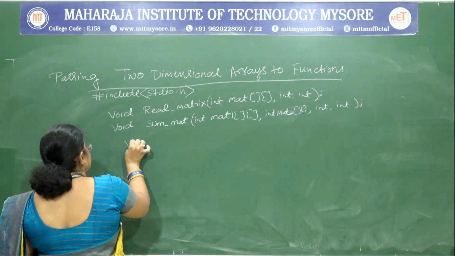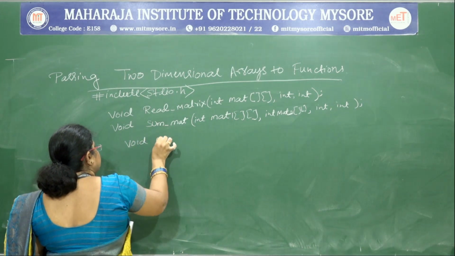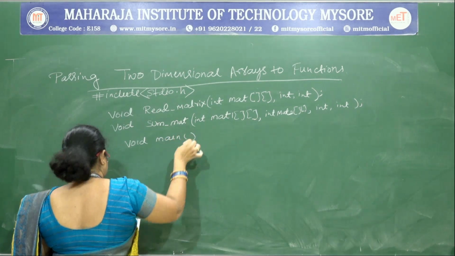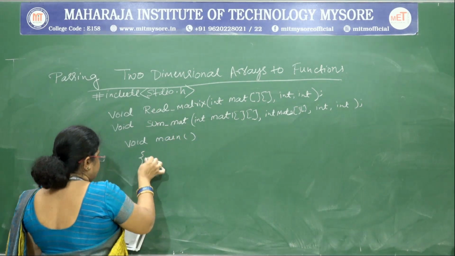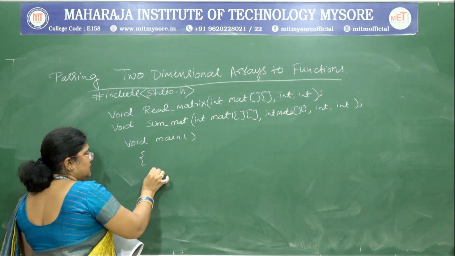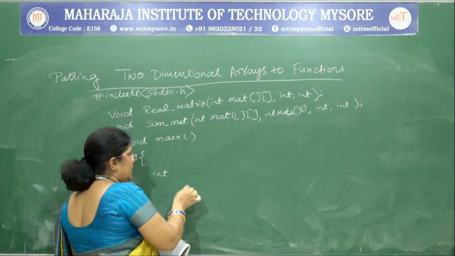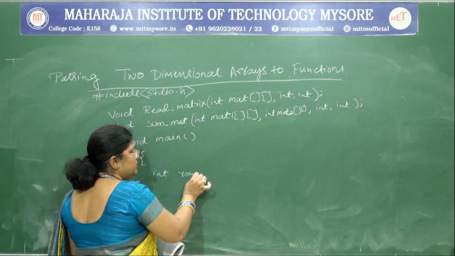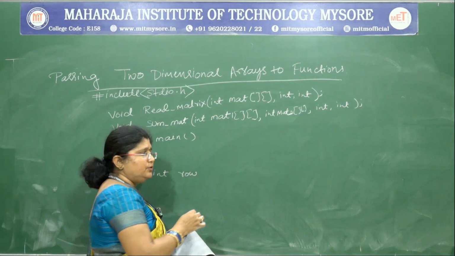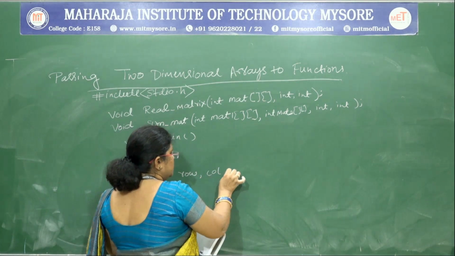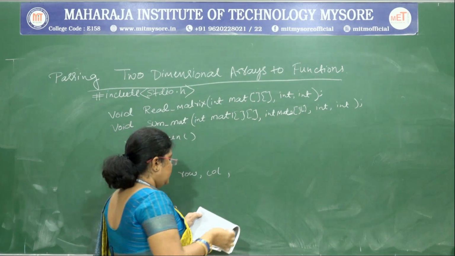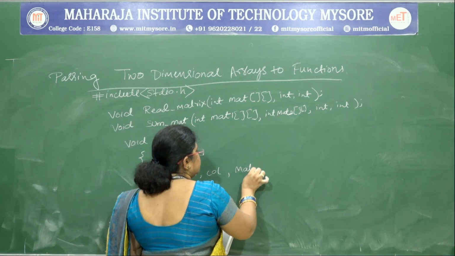We are going to have void main. Now we have int row, which indicates the size of the row, and col, the size of the column. Next, two matrices are required.